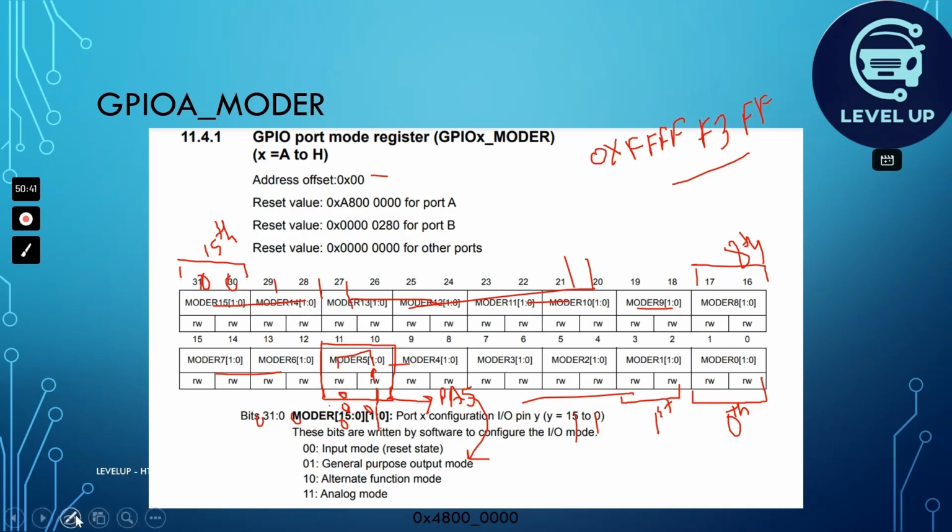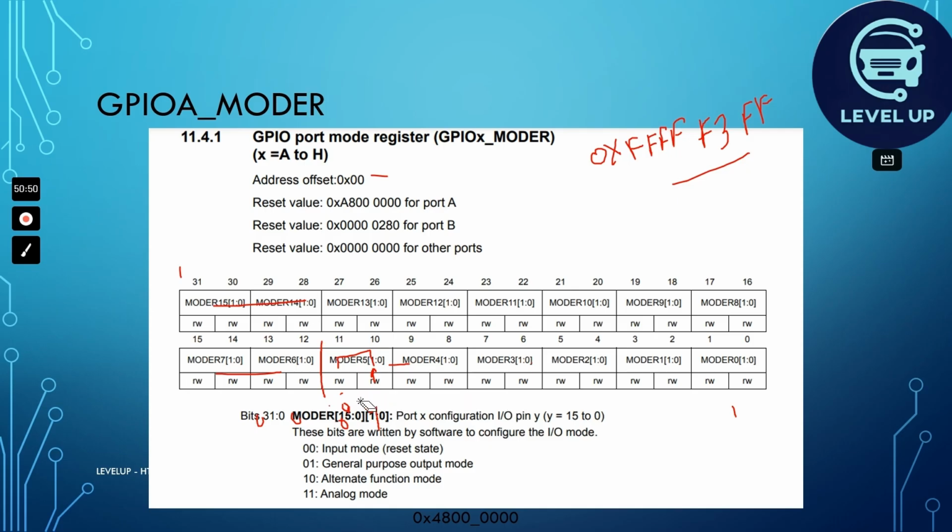I will just remove it and explain it again. Now setting this pin as 1, we need a 1 over here and all of this will be 0, and the whole above will be 0.